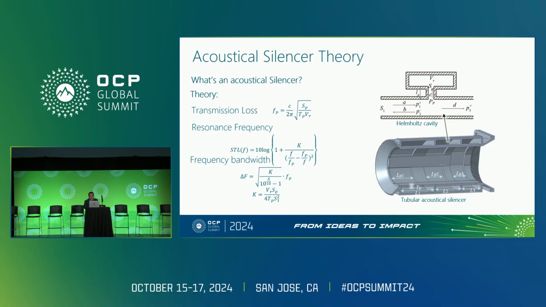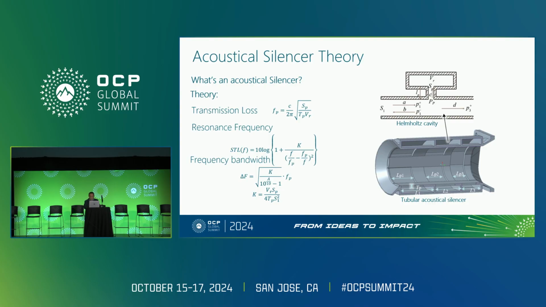The resonance frequency, denoted as Fp, is a critical feature to be designed. It is influenced by 3 key factors: the area of the neck, the thickness of the neck, and the volume enclosed within the cavity. When the frequency of the incoming wave matches Fp, the silencer achieves a significant transmission loss, enhancing its noise reduction capability.